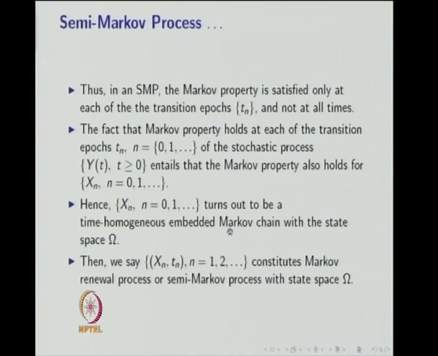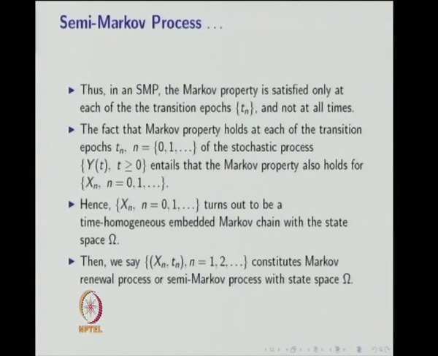Y of t is a stochastic process and X of n is nothing but Y of Tn, where Tn is the transition time instance, and the Markov property is satisfied only at the transition time instances. Therefore, Xn forms a discrete time Markov chain.